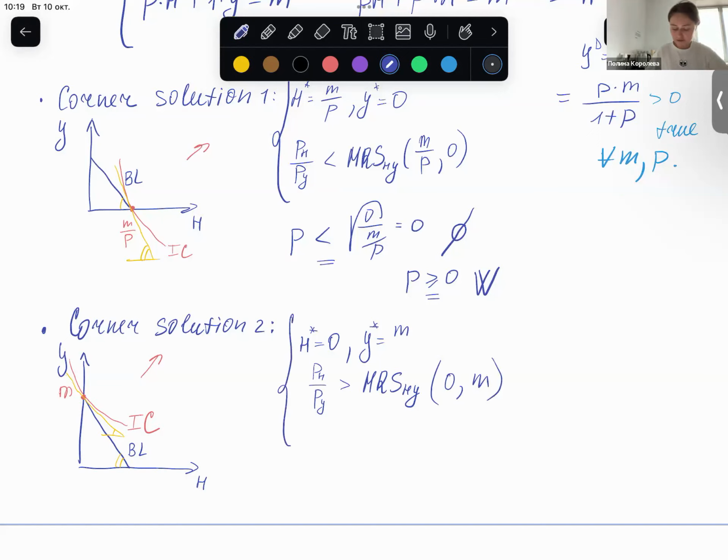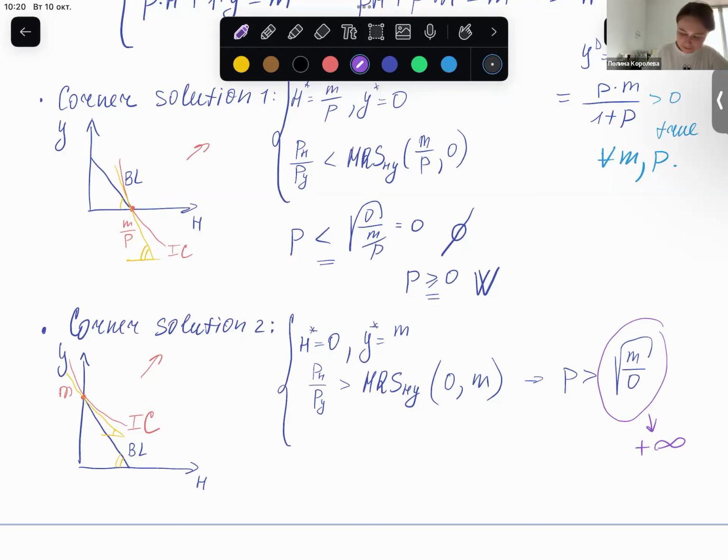And let's check it. From here, the price ratio equals P, and this should be bigger than the square root of Y, equal to M, divided by 0. And you see that the marginal rate of substitution is close to plus infinity. But the price cannot be bigger than plus infinity. That's not our case.